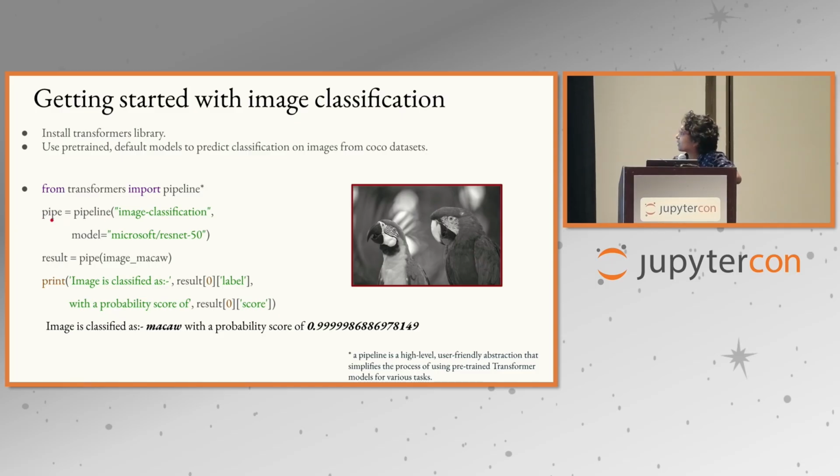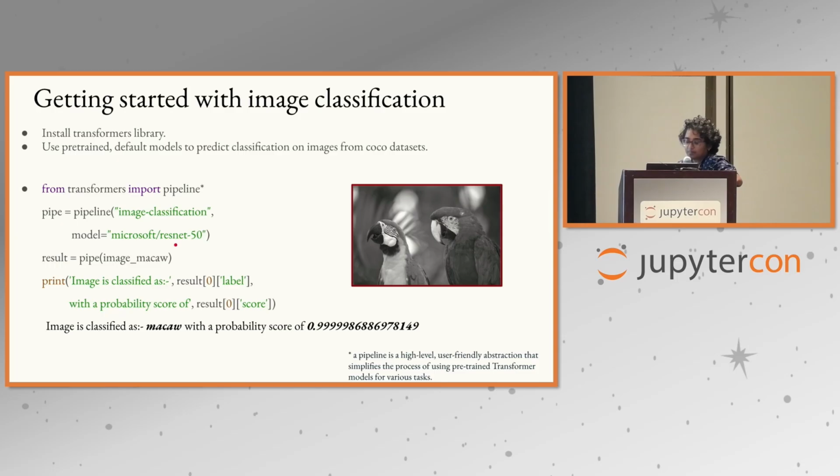Here I can choose whatever name I want, a classifier, a pipe. The first argument that goes in is the task you want to perform. In this case, I want to perform the classification task, and then I choose the model that will go in. So you have a lot of options on Hugging Face that you can pick for image classification. This happens to be the default model.